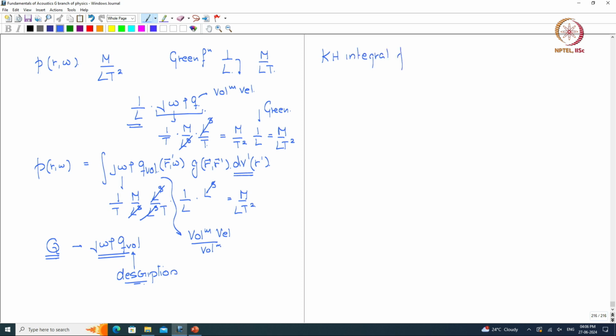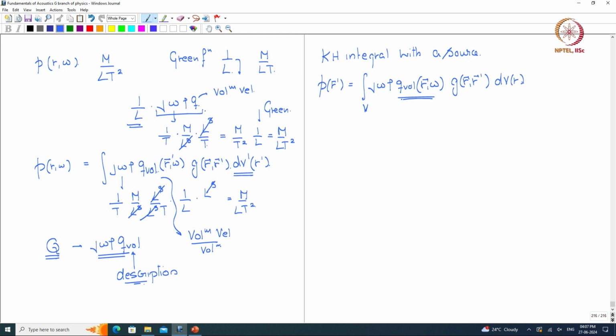with the source, with an extra source, becomes this form: P at a certain r dash is equal to the integral over a volume, this time V, okay, I am switching to V, of j omega rho q volume, which is volume velocity per unit volume, r comma omega, extending over r, then the Green function g(r, r dash), and dV.